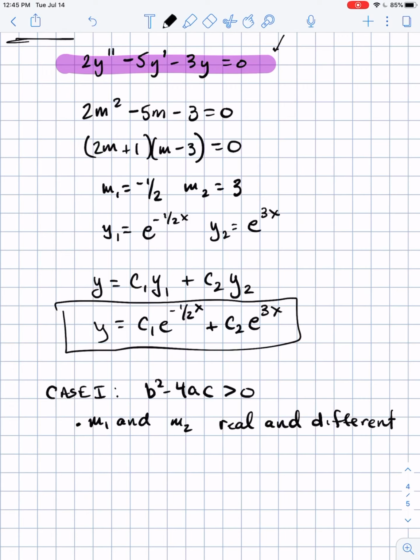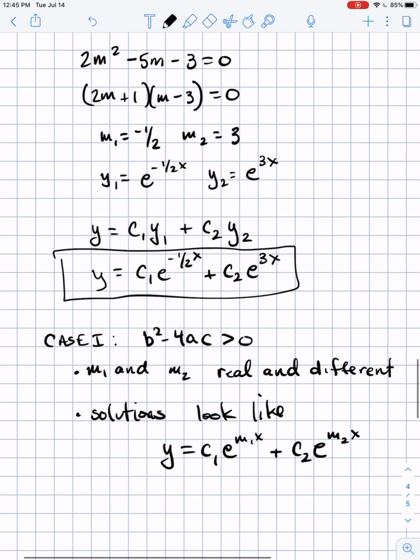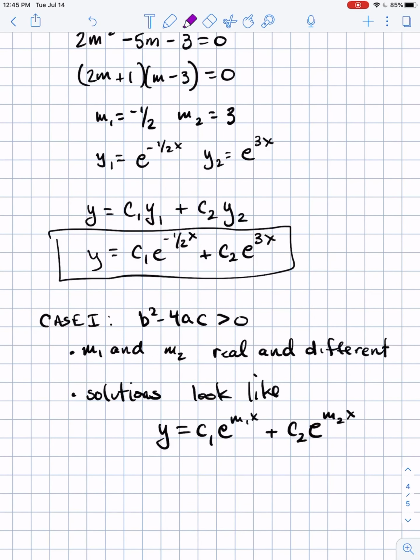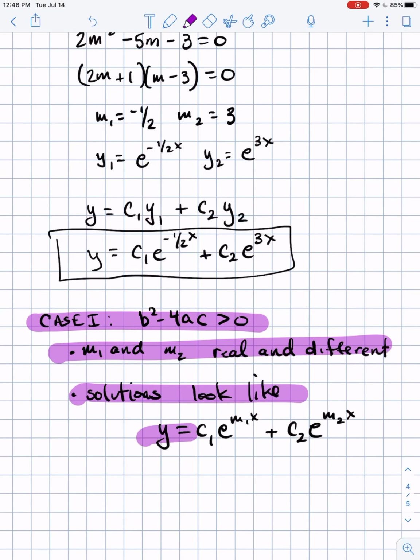Okay, and that's when you have that first case, and your solution looks like y equals c1 e to the m1x plus c2 e to the m sub 2x. Okay, so that's case 1. Case 1's probably the easiest case that we have.